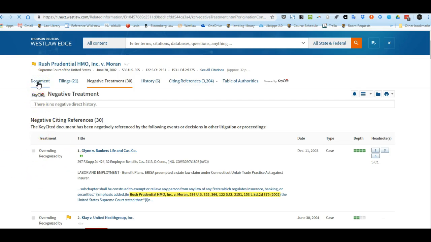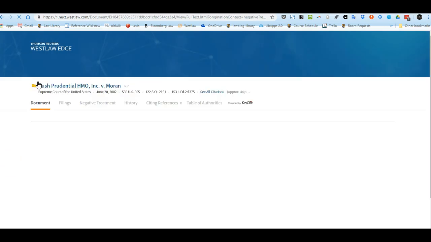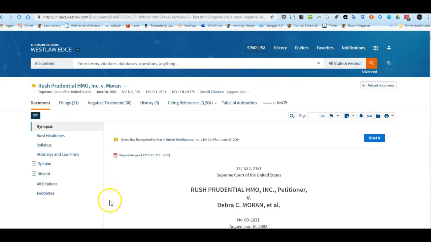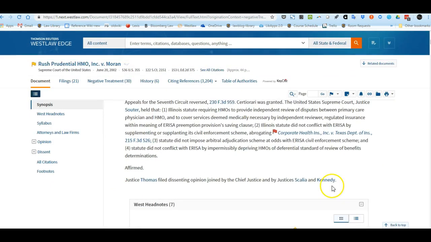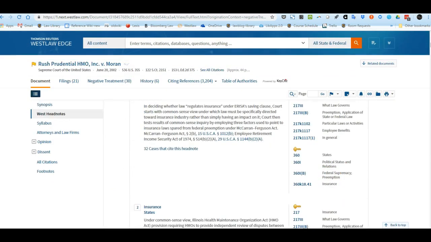Let's go back to our case and talk about the research portion of the citator on Westlaw. And it's pretty much, again, the same as Lexis, just looks a little bit different. So if we look at the headnotes back in the case, we can see other cases that cite to our case for that particular headnote.